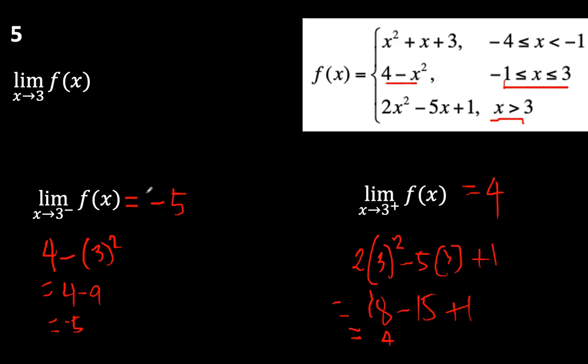Now look at this. The one-sided limits are of different values, -5 and 4. Therefore, the limit of f of x as x approaches 3 does not exist.